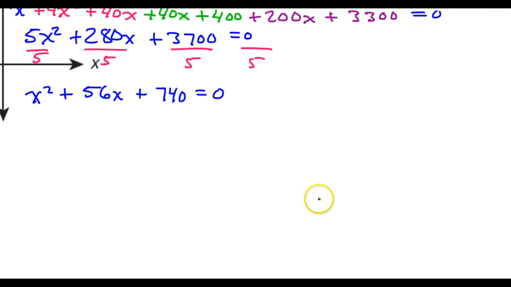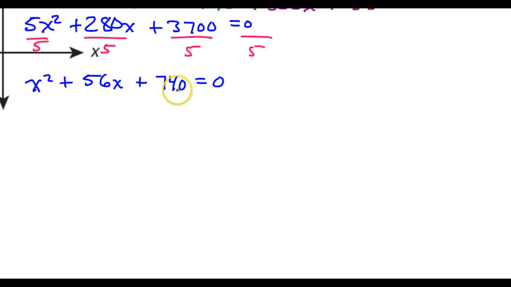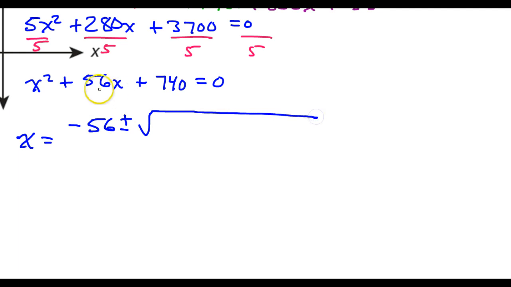When I see numbers this big, I go straight for the quadratic formula. So the quadratic formula says x is going to equal the opposite of b, so that's negative 56, plus or minus the square root of b squared minus 4ac.